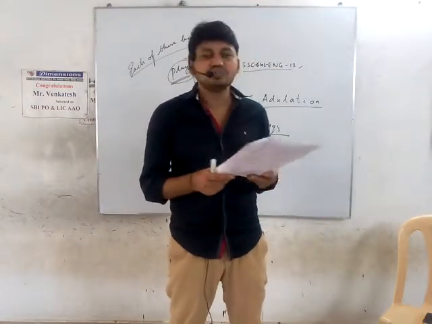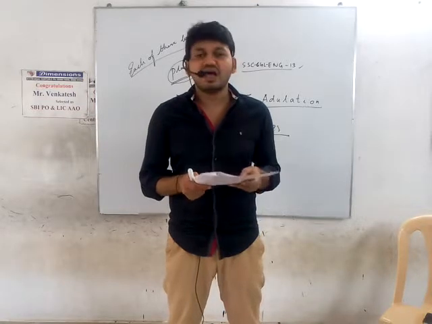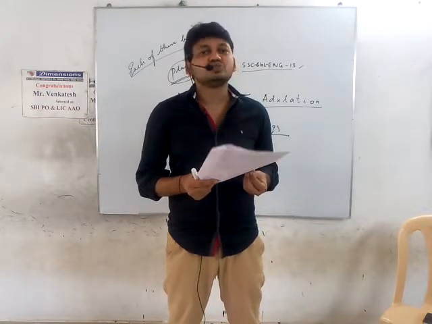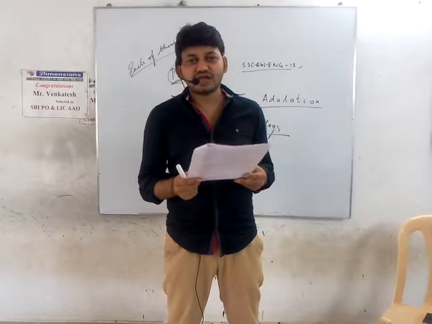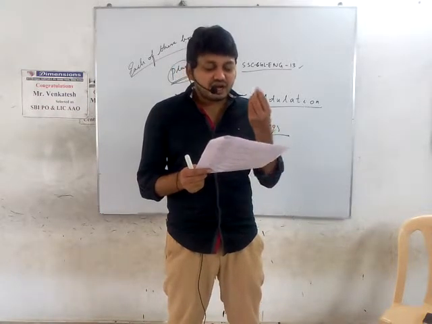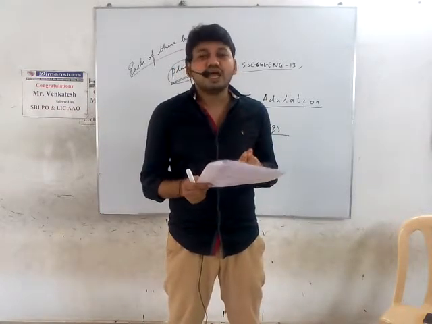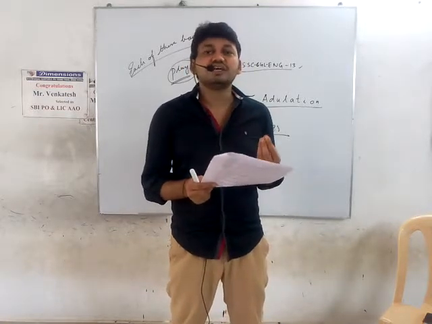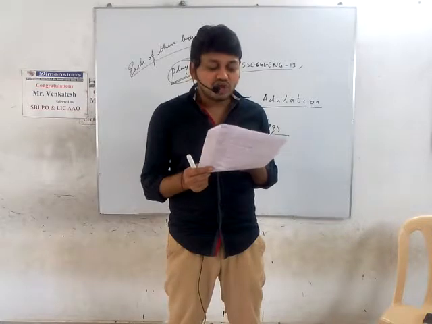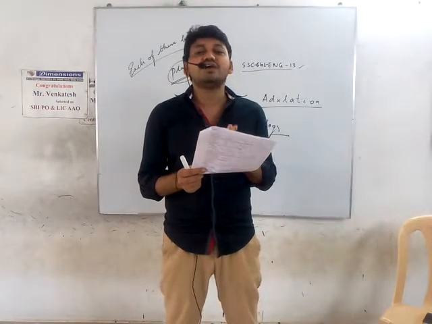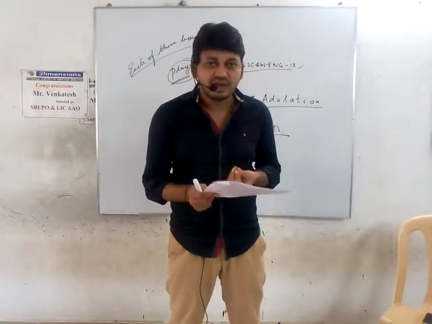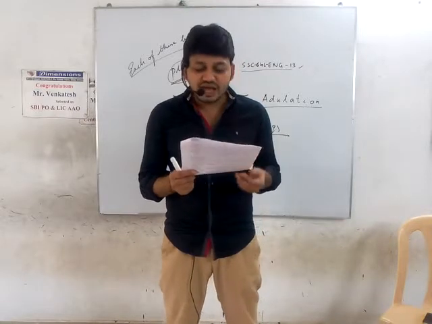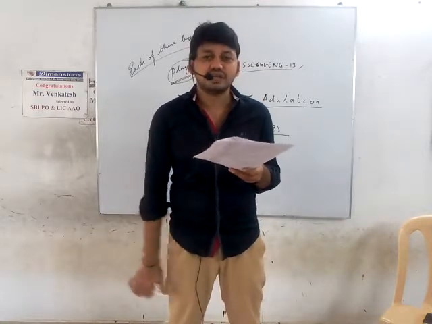Yeah, "don't" is used, so it is a negative sentence, so the tag will be a positive tag. But here it's not "do they," it's "will they." Why is it not "do they"? Because the main auxiliary verb here is "will," not "don't," so "will" should be there. So no error in this sentence.